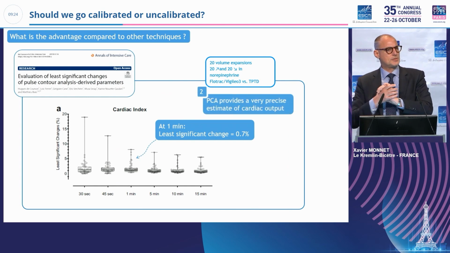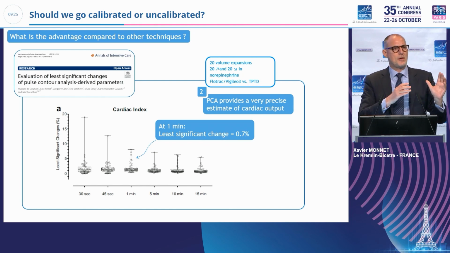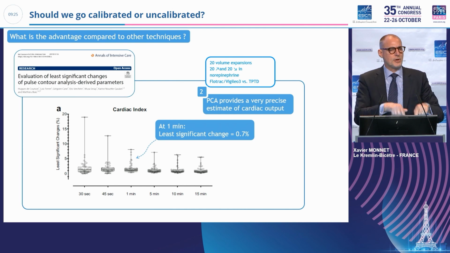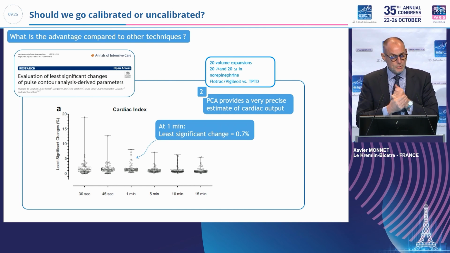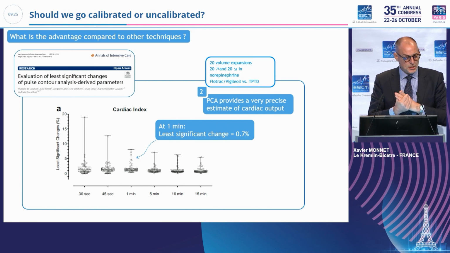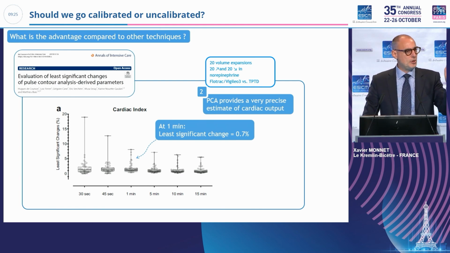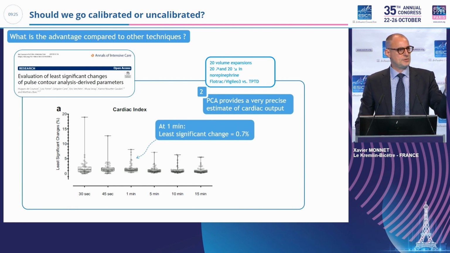As said by Antonio Messina, it may vary from a device to another, but basically these are very precise techniques. For instance, with here the PulsioFlex technique, the study by Mathieu Biais showed that the smallest change in pulse contour analysis derived cardiac output you may trust is less than 1%.